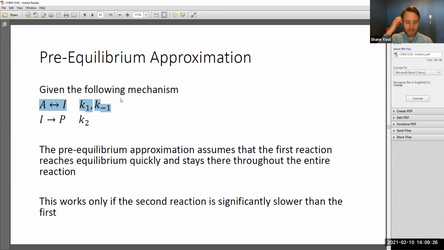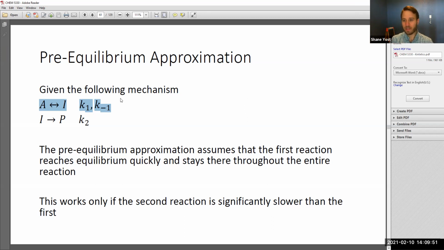A forms I to establish equilibrium very quickly, and then that I is slowly being consumed to form P, but as I is being consumed, it's immediately getting replaced by the equilibrium reaction, and equilibrium is reestablished. So the concentrations of A and I and P can be changing over time, even if your reaction stays at equilibrium.